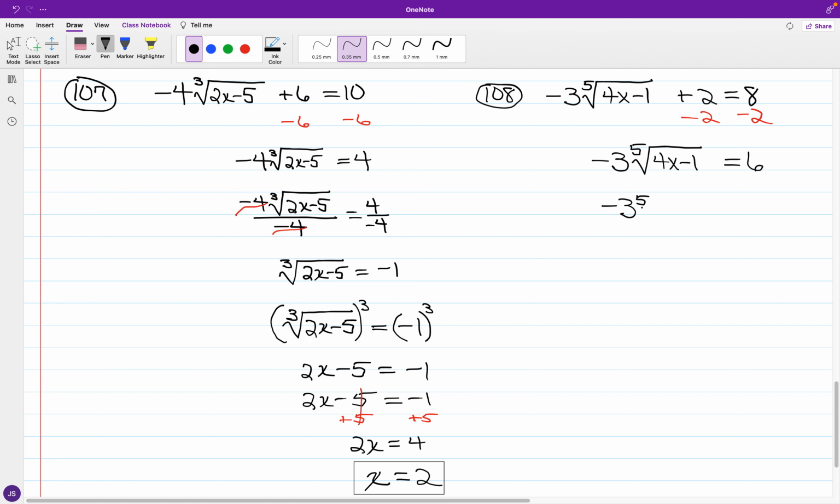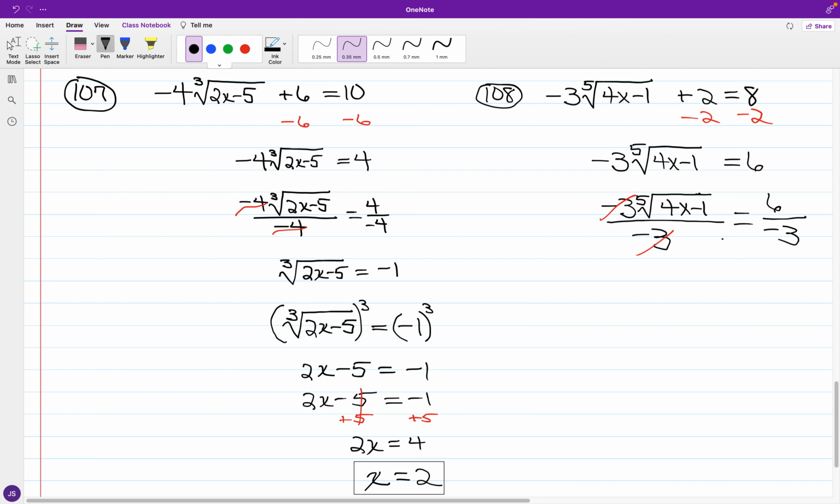And getting the fifth root of 4x minus 1 by itself, this can be done by dividing by -3 on both sides. And the reason I'm going with division is that the constant that will be on the right is going to be an integer. If I had a fraction that would not reduce, I'll probably keep both sides as they are.